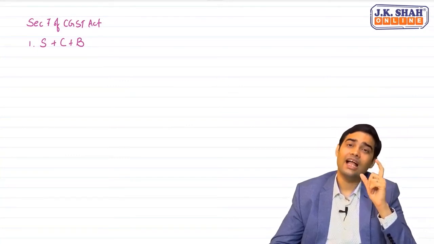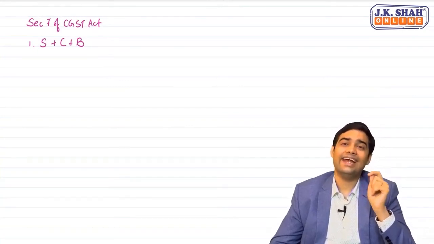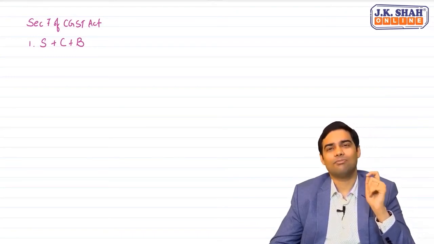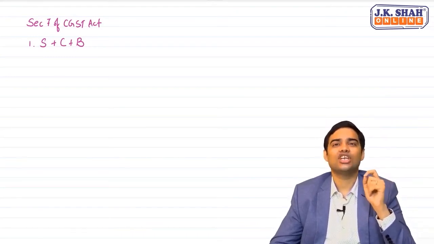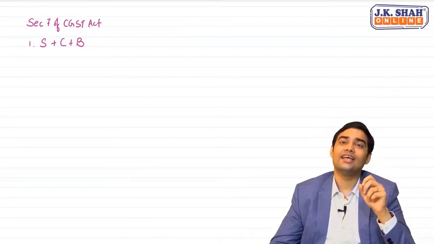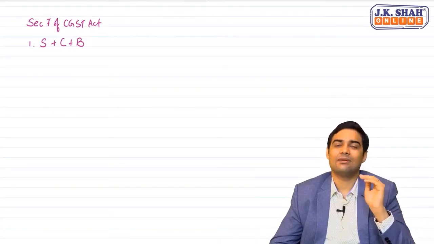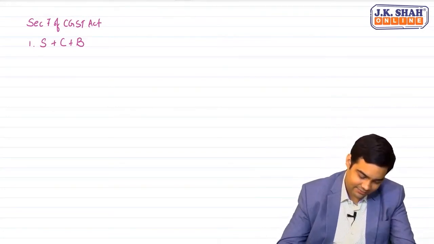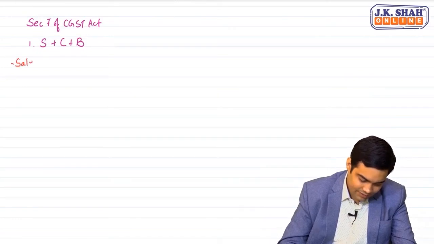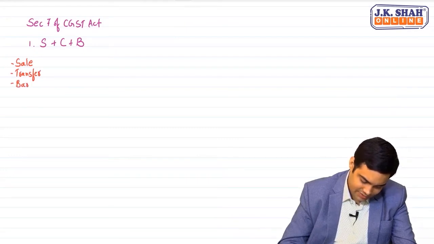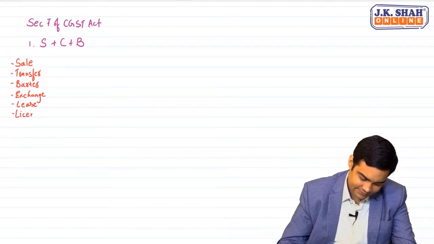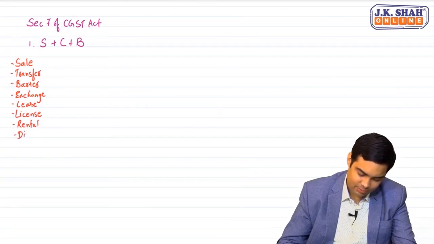Now, under supply, the law has given 8 examples. The law provides that supply of goods or services such as. Now, what is this such as? Such as mentions 8 types of transactions. They cover sale, transfer, barter, exchange, lease, license, rental, and finally it closes with disposal.